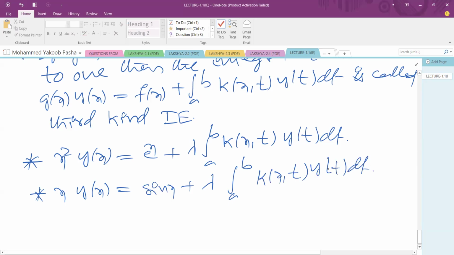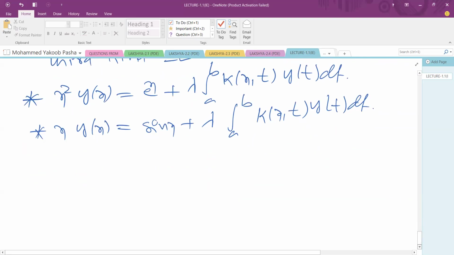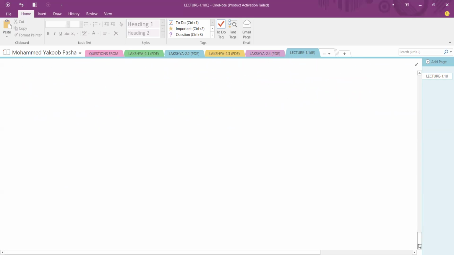Here x is not equal to 0, so no issue. These are examples of integral equations of the third kind. Depending on g of x, we can classify integral equations into three types. First kind is when g of x is equal to 0, second kind is when g of x is 1, and when g of x is neither 0 nor 1, it is called a third kind integral equation.